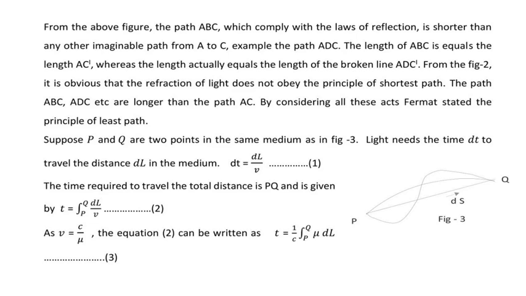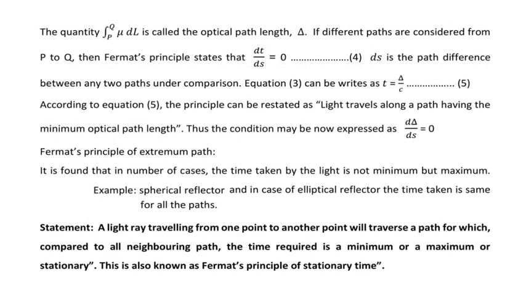As v is equal to c by mu, equation 2 can be written as T is equal to 1 by c integration between the limits P and Q of mu dl. Call that equation 3. The quantity integration between the limits P and Q of mu dl is called the optical path length delta.